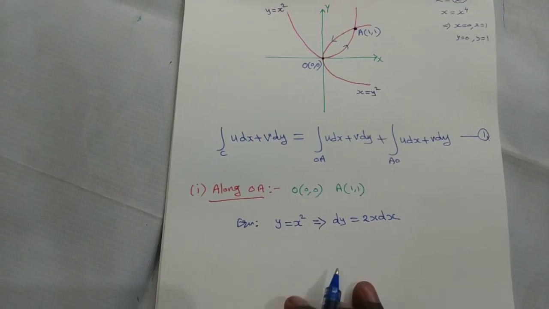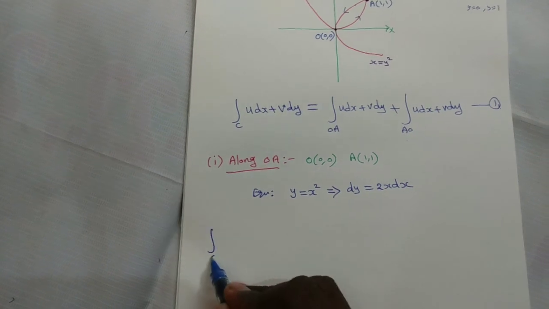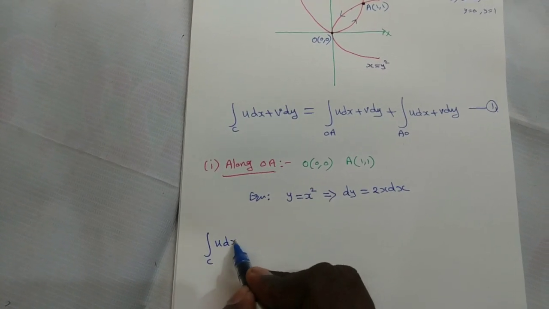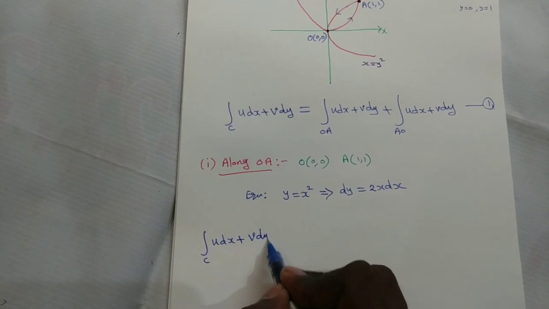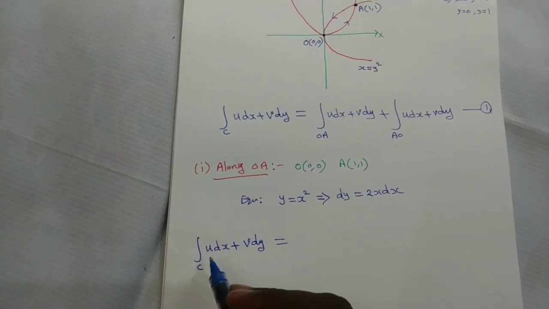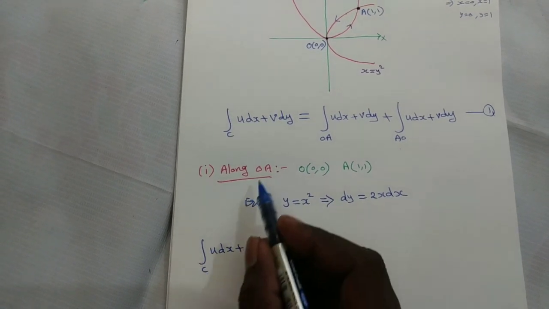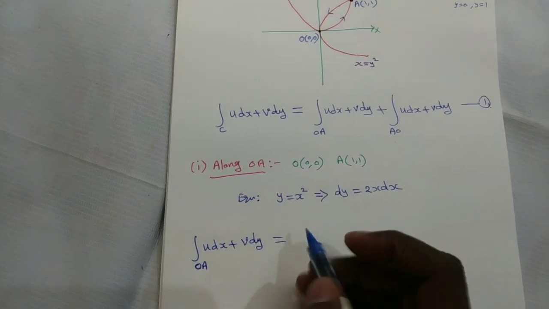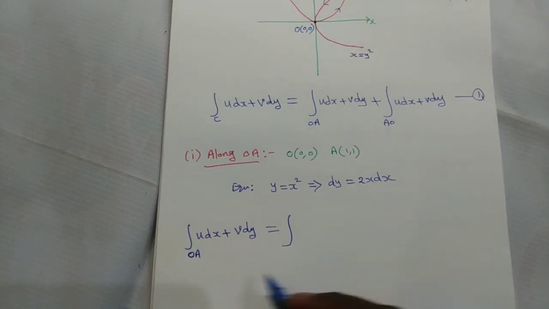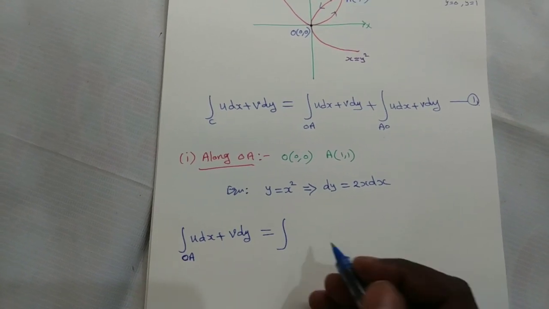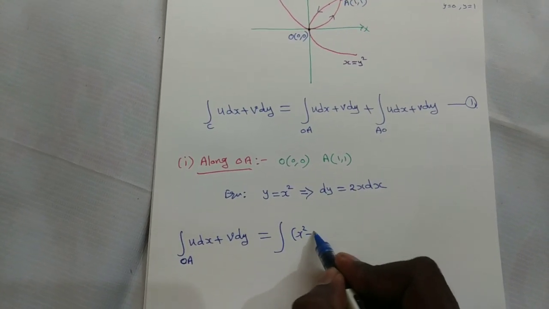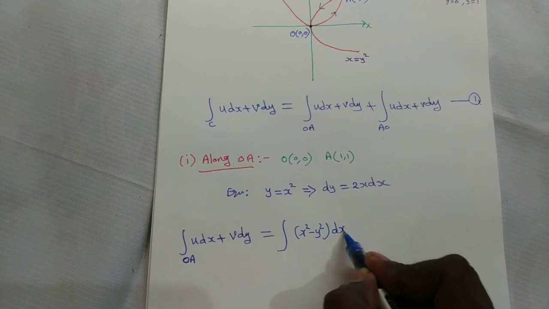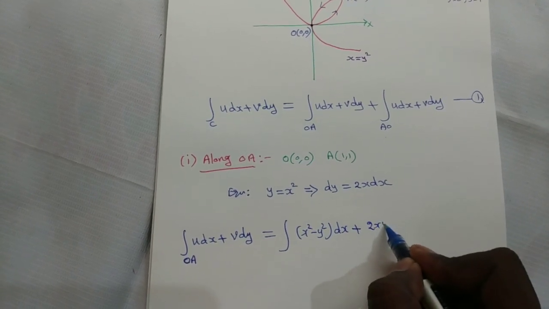Now the integral over C of u dx plus v dy is given, so first we take the integral over OA of u dx plus v dy, which is the integral of (x square minus y square) dx plus 2xy dy along OA.